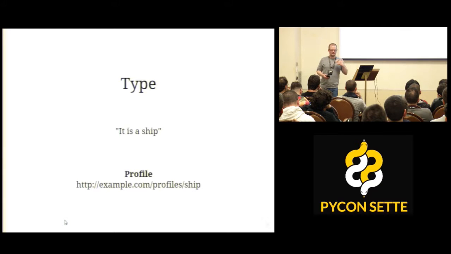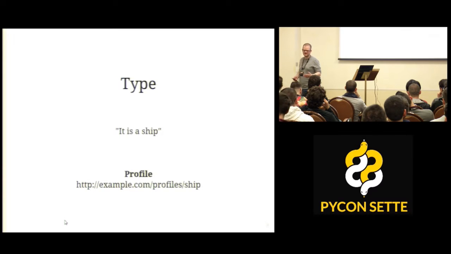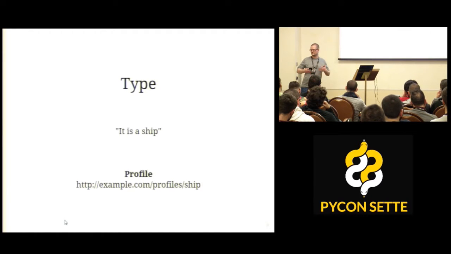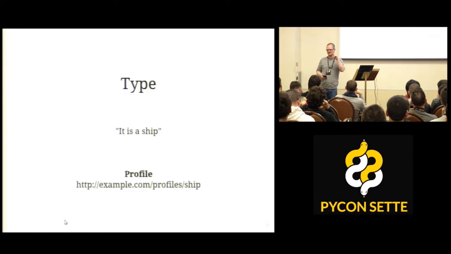Now, this resource also has a type. The representation has a syntax, the media type, but it also has a semantic type. It's a ship, which is independent of whether you have an XML representation or a JSON representation. This resource represents a ship, and you define that using a profile.